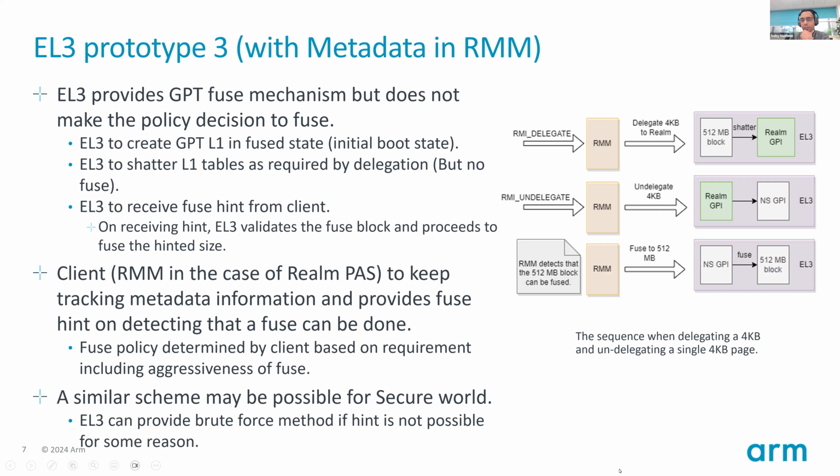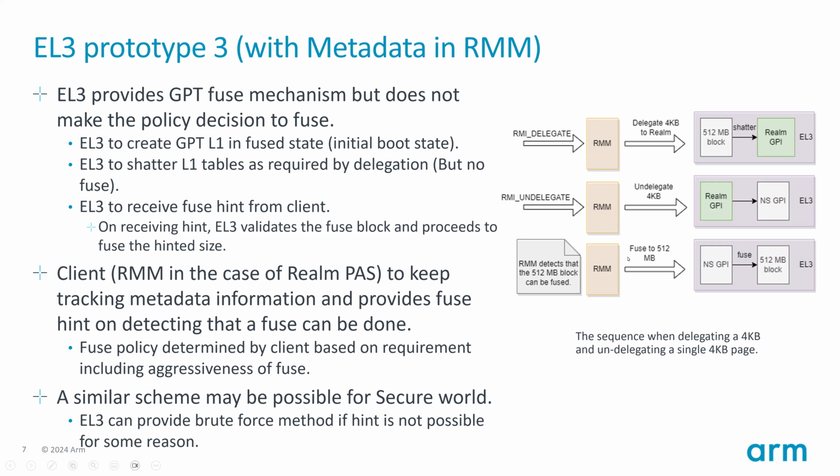So this fuse hint operation is not visible to the non-secure world. This is an internal EL3 or an implementation-defined EL3 RMM interface, and this is transparent to the non-secure world. The ABI that is actually visible to the non-secure client is the RMI delegate and RMI undelegate calls.